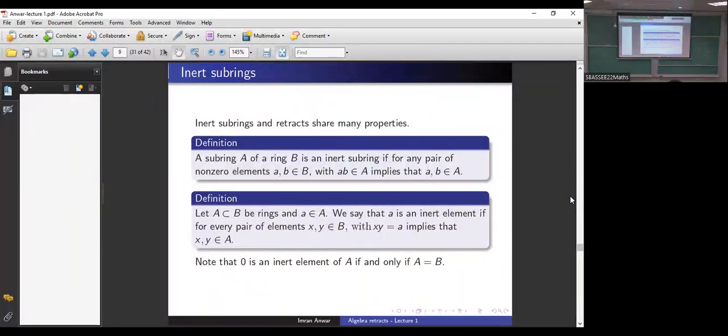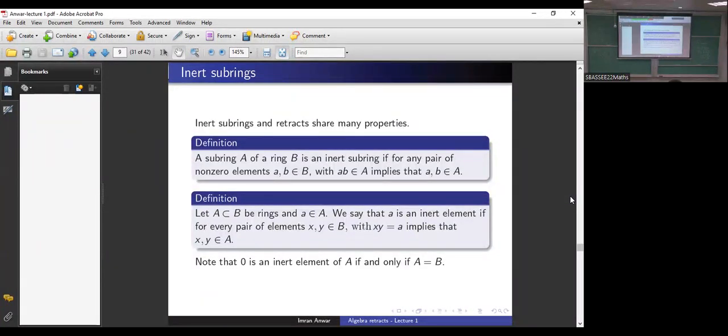I don't see why this is an if. If we take R equal to Z6, and we know that 2 times 3 is zero, I'm taking these as A and B. By multiplying, I'm getting 0, but 2 and 3 are already inside that ring, right?